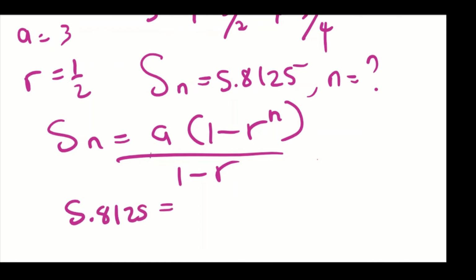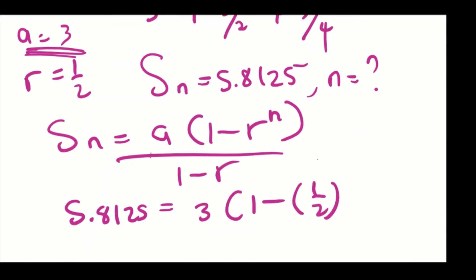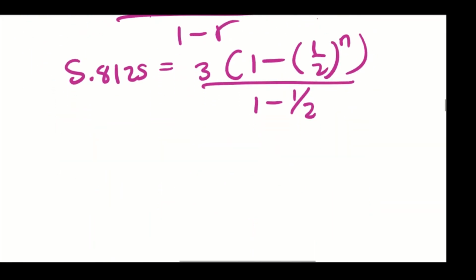So we are given the sum to be 5.8125 equals, and the value of a is 3, so it's going to be 3 into 1 minus, the value of r is 1/2, to the power of n, divided by 1 minus 1/2, right? So we're just going to cross multiply here.